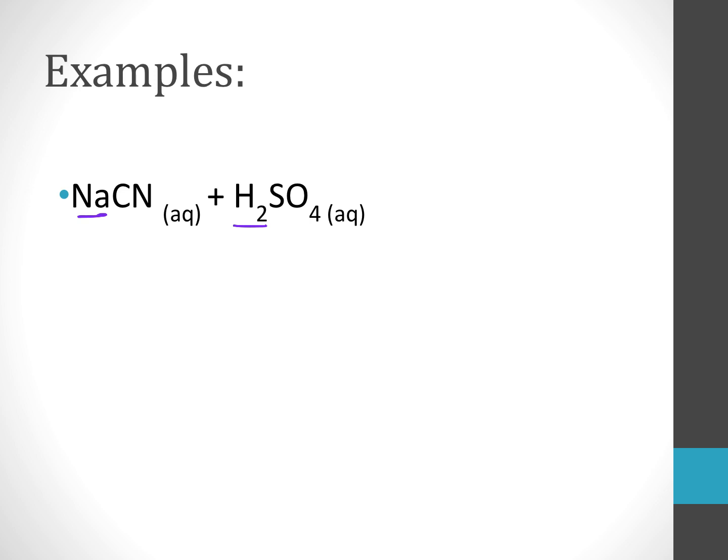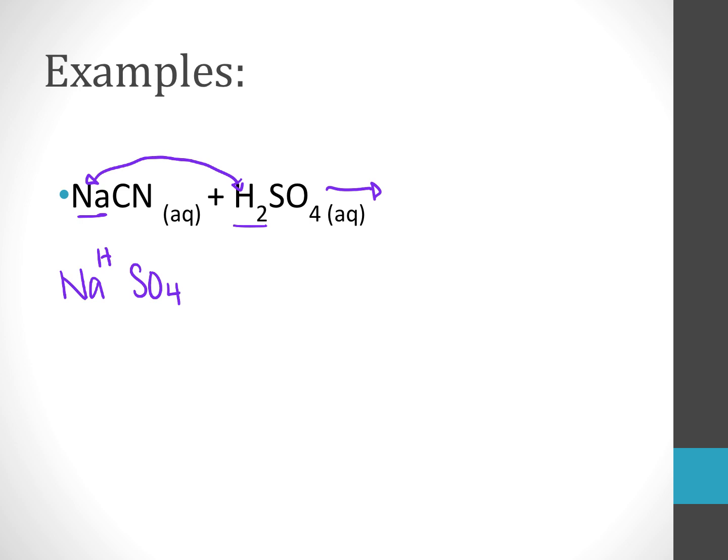The cations swap places. So sodium will take hydrogen's place and it'll bond to sulfate. Hydrogen will take sodium's place and bond to cyanide. So sodium is going to bond to the sulfate. We have to do charges every single time. So what's the charge of sodium? Okay, sodium's +1.